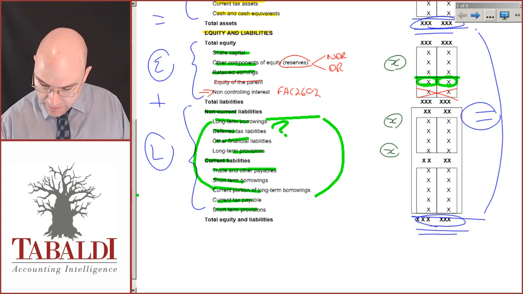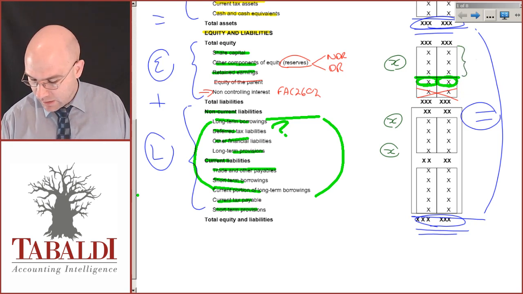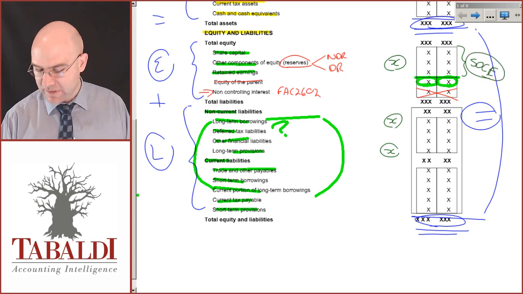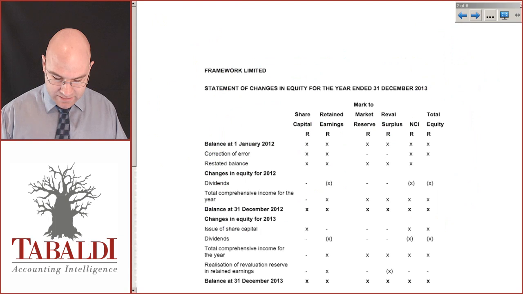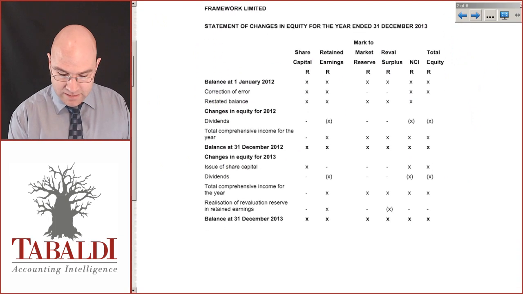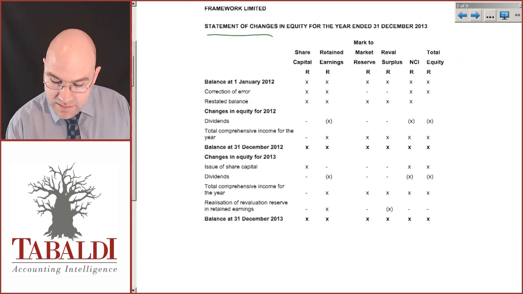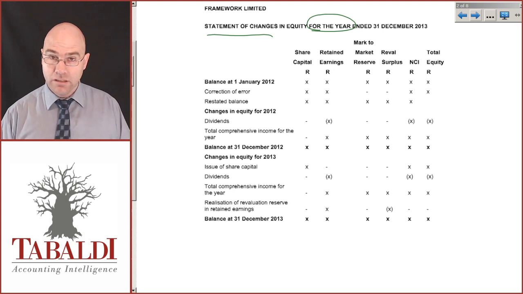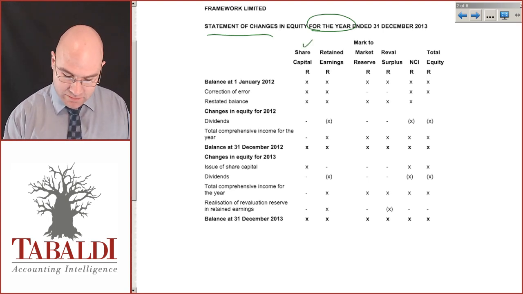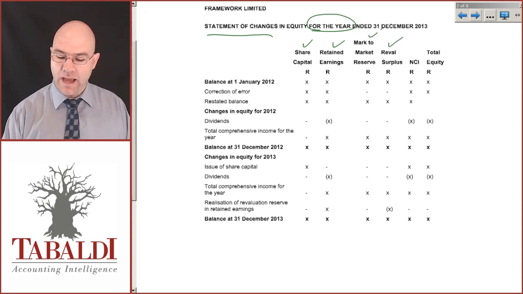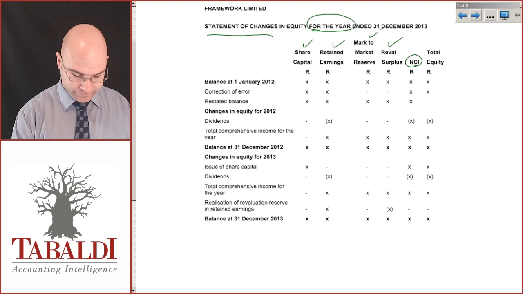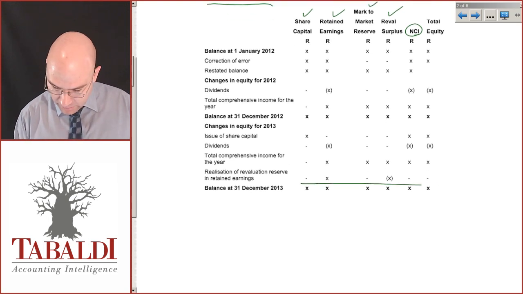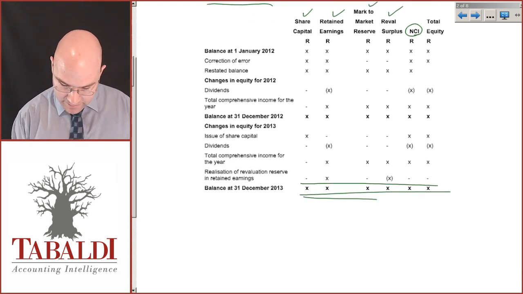Last thing I want to just quickly recap is this equity must match to the statements of changes in equity. And we did that in the previous series. We did the statements of changes in equity. Take note, for the year ended, not at the reporting date. And we did share capital, retained earnings, each of the reserves, and NCI I said don't worry about. And at the end, you're going to have these balances, right?